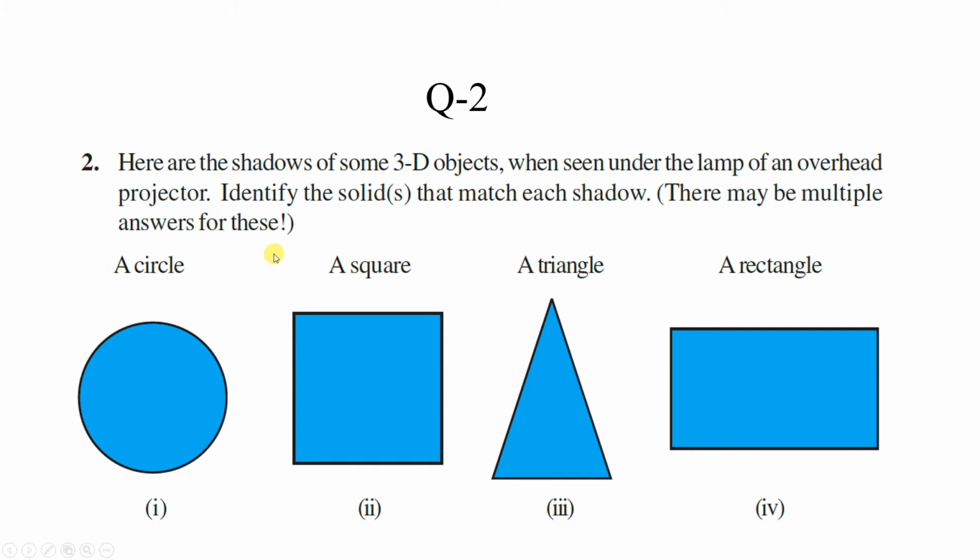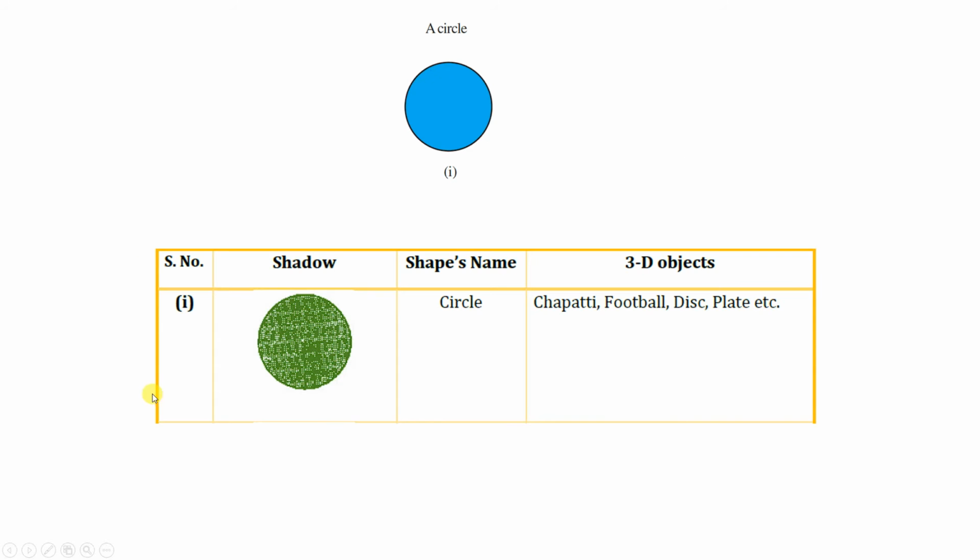Here this is a reverse kind of question from question 1. Here the shadow is given and we have to identify the solid. Which kind of solid is used when light falling on the solid gives us this kind of shadow. So first is a circle, then square, triangle and rectangle. So we will start with a circle.